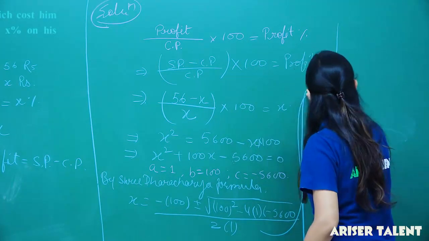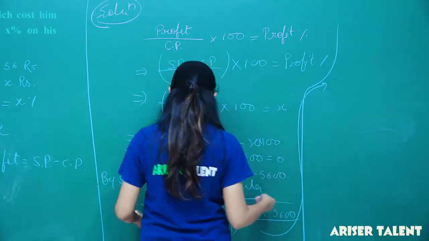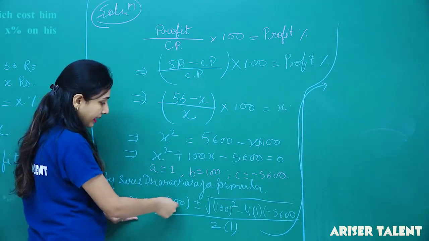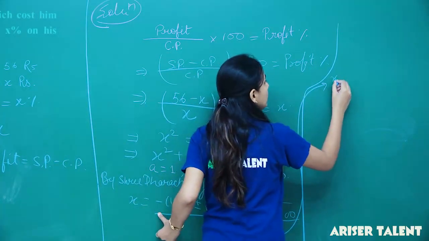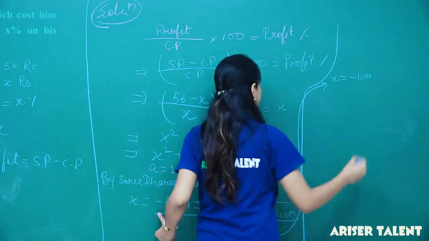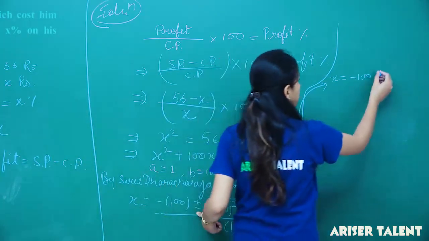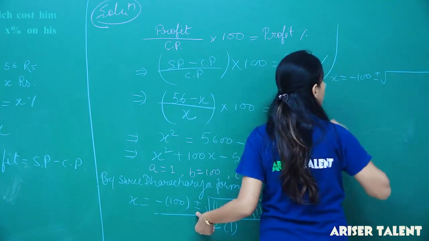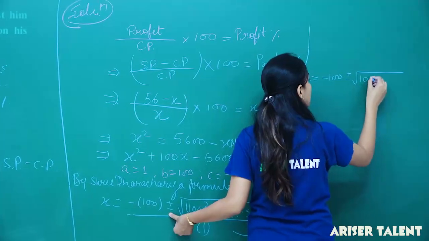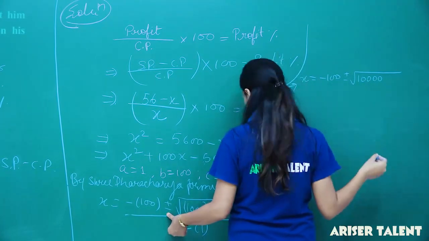Now students, if I solve this, X equals minus 100 plus minus root of 100 square, which is 10,000.